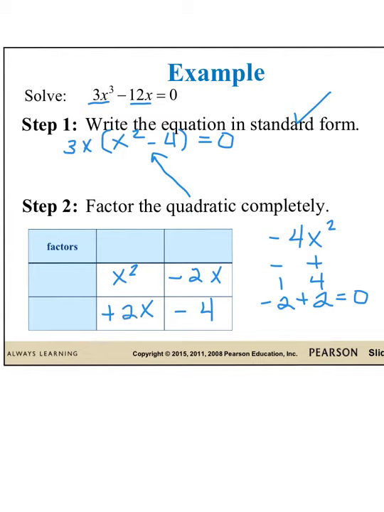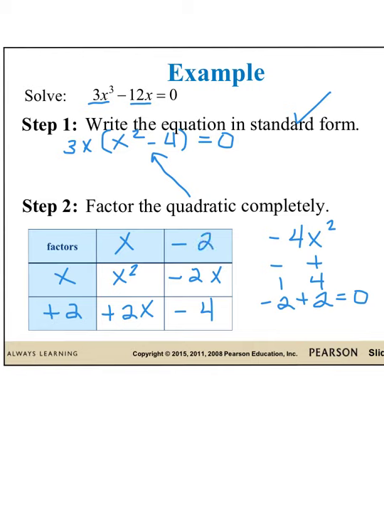Greatest common factor across the top is x. Greatest common factor on the second row is, we're going to assume it's positive 2. Greatest common factor on the first column is x, and greatest common factor on the second column is negative 2.